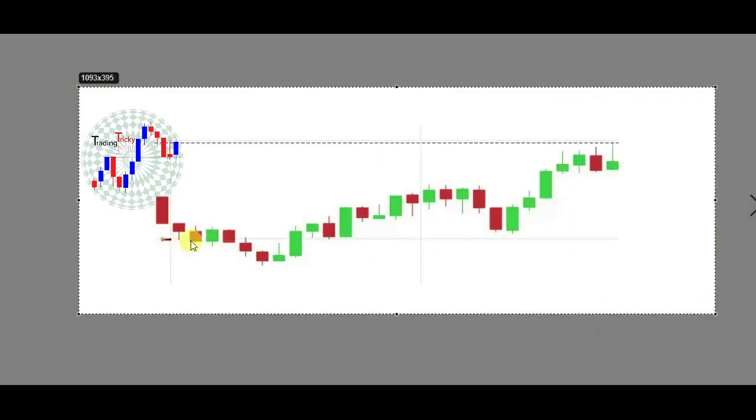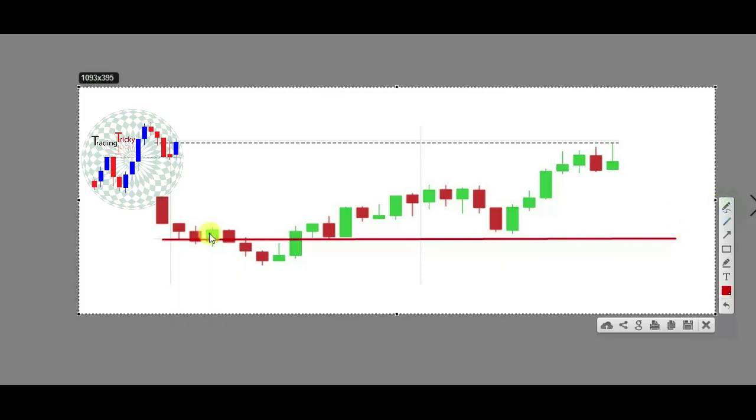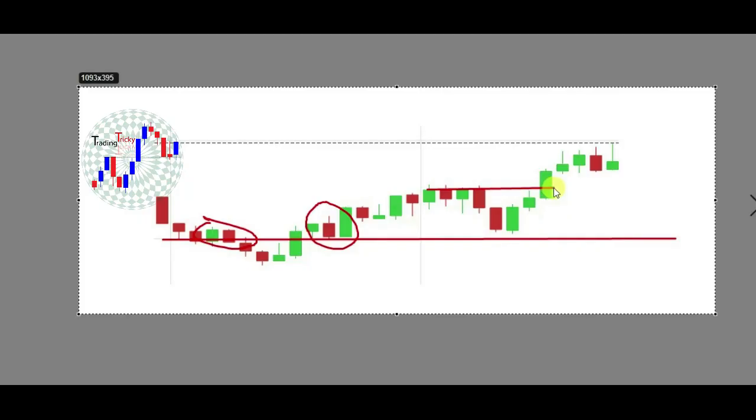We can see this is a round number and the market is respecting this number here. If you observe this area, this is the market closing price, I mean the seller's entry level.